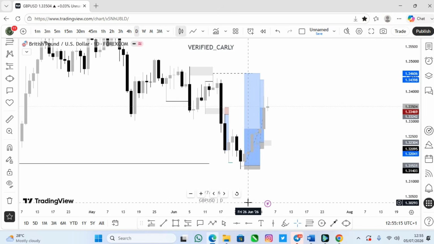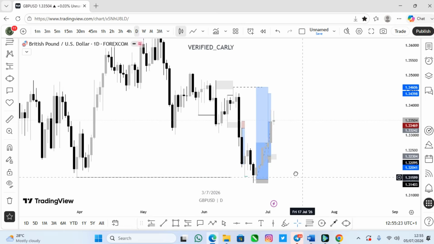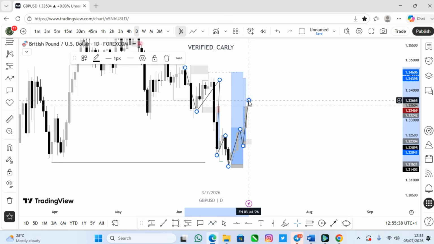Now on the daily time frame, you can clearly see what price is saying. The daily is bullish. If you notice, initially it was in a bearish phase, making lower highs and lower lows. Now this is where it reversed and started buying in the opposite direction.